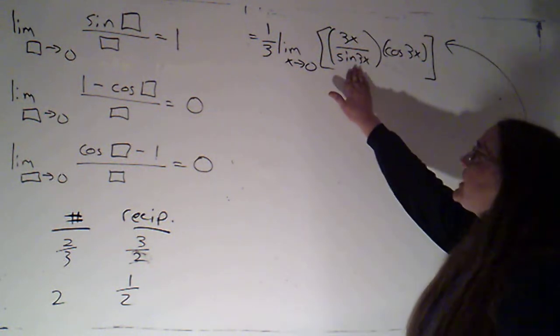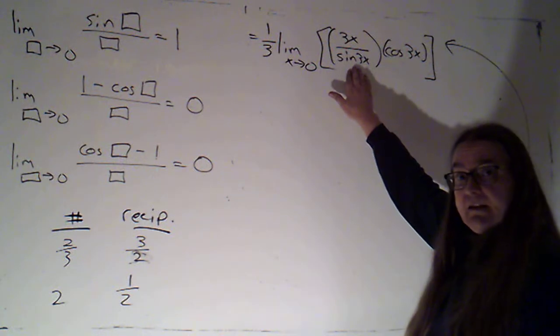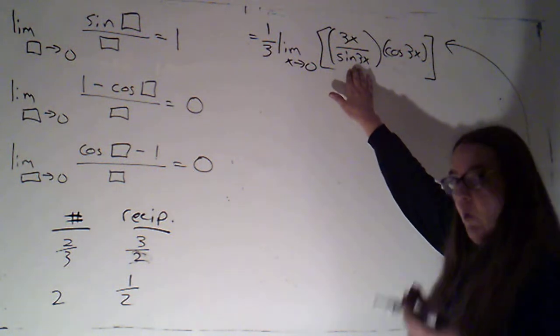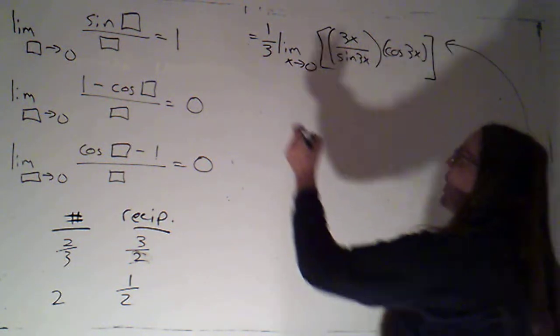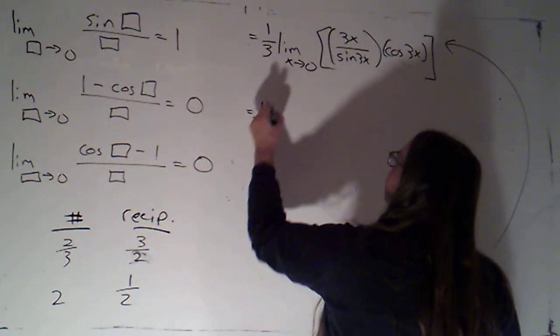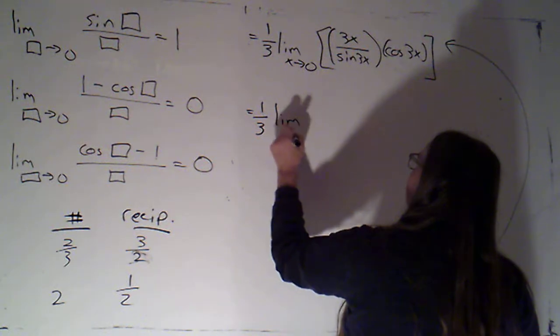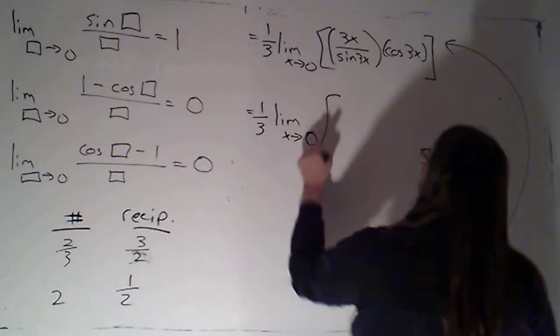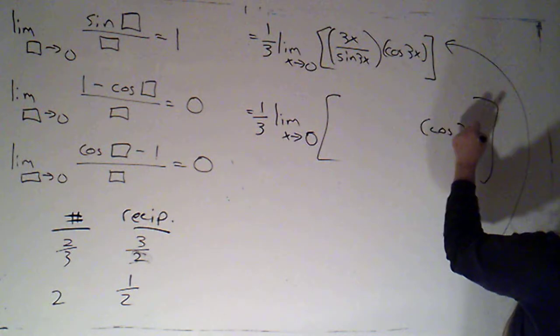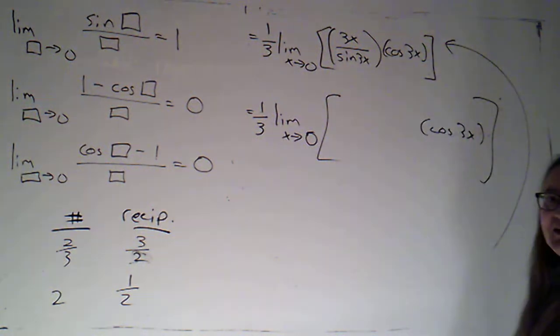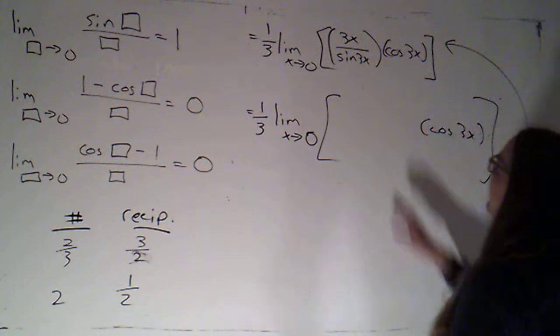So I'm going to take the reciprocal of this expression twice, and I'm going to do it once each way. So I'm going to say this is 1/3 the limit as x goes to 0. Now the second factor of cosine of 3x is still just hanging out. We'll deal with that at the end. Okay.